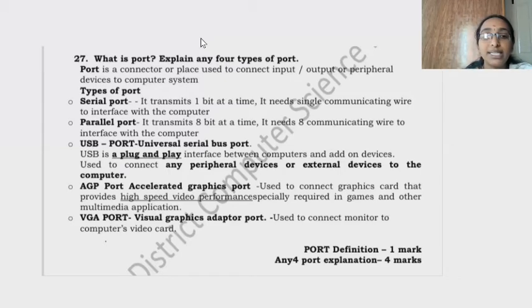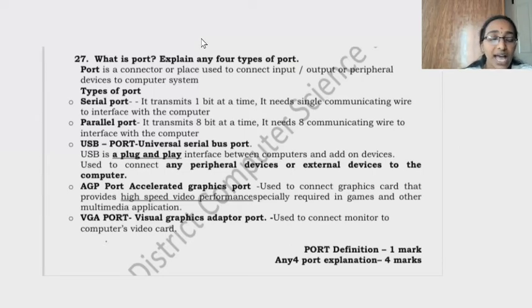USB is plug and play. That means the devices work with the computer system as soon as they are connected. USB transmits data at high speed. Up to 127 devices can be connected through USB.